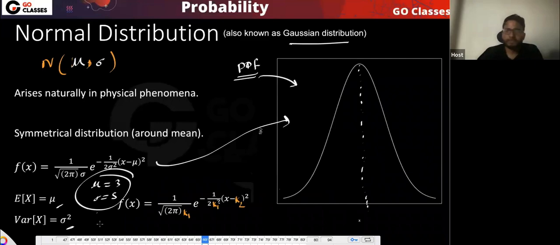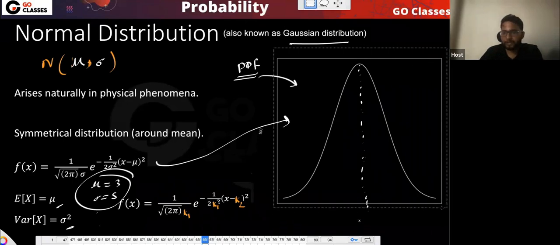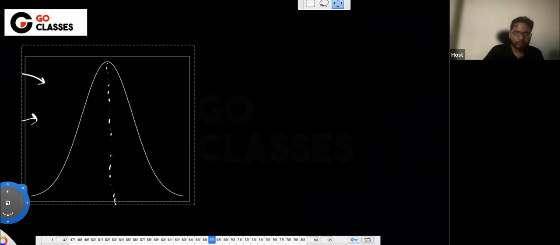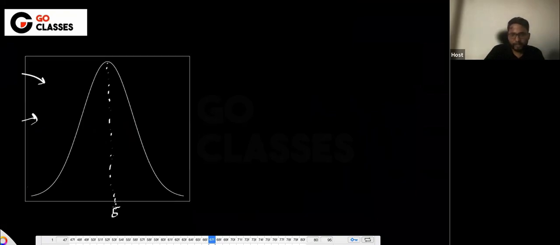So let's suppose that this is the graph that I have for the normal distribution. Let me just copy this. This is the PDF, right? That's what we call PDF. Now, let's suppose that the mean here is 5 and the standard deviation or the variance, let's suppose anything, maybe 10.